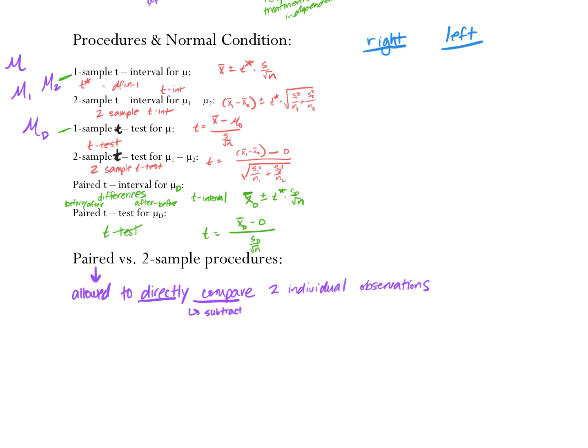Let's say the task is, think about a yo-yo, and someone's playing with a yo-yo, and how many times before they screw it up. And you'll have people do it with their right hand and their left hand. I'm going to change that already to dominant versus non-dominant hand.